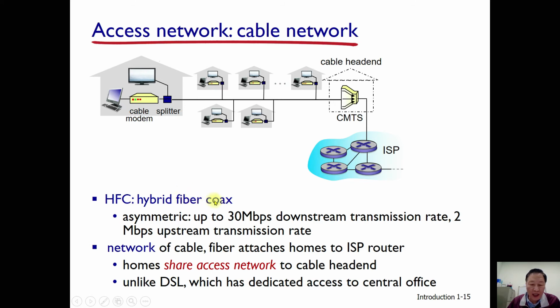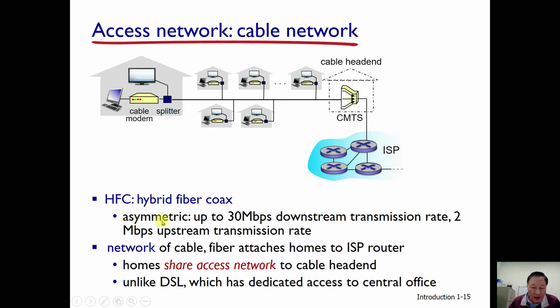That means fiber and coaxial are combined together, and that is called hybrid. Thus, this acronym is HFC. This is using fiber and also cable, and those are being used together. Then this technology is called HFC.